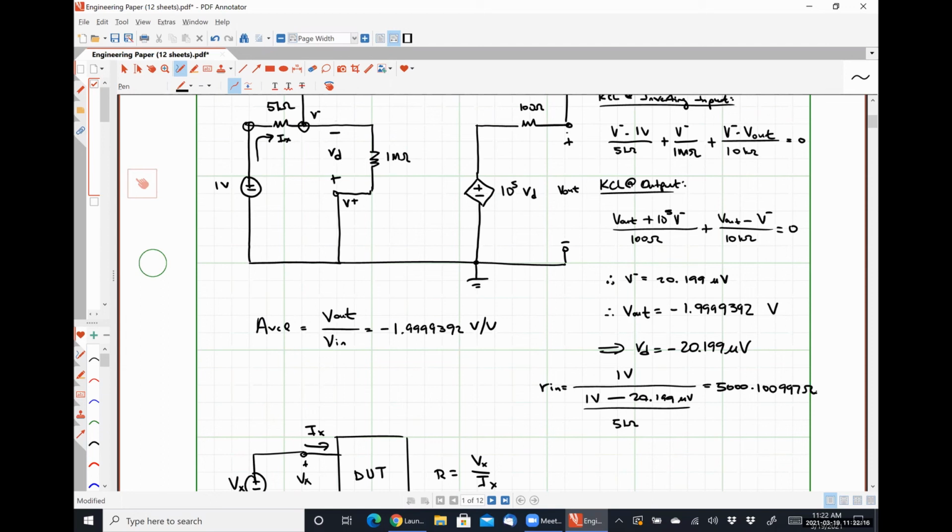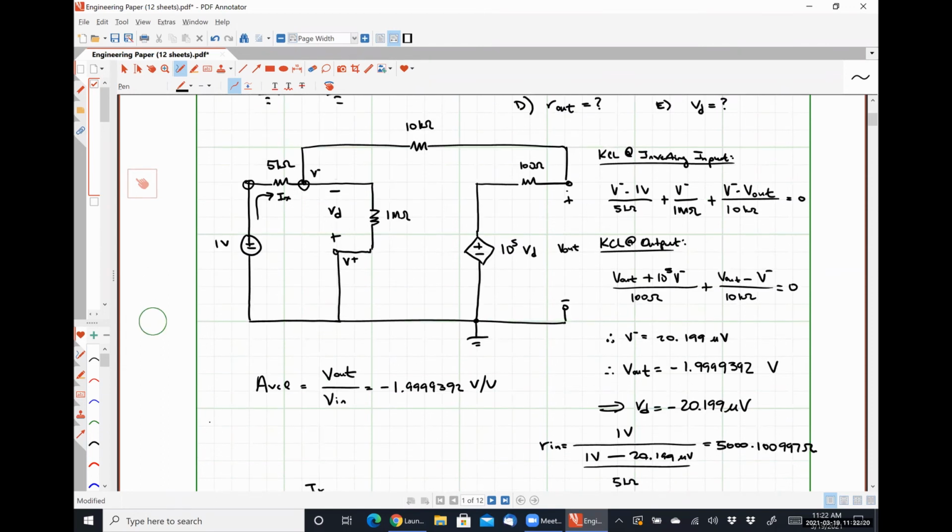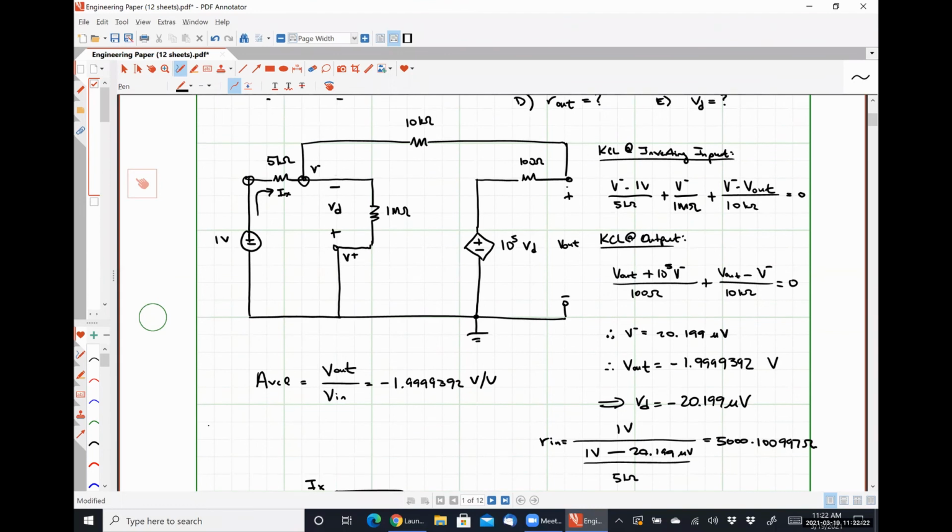So we can make an observation here for this amplifier in which we have placed the input signal on the inverting terminal. Our input resistance is going to be really, really close to this R1 value every time.